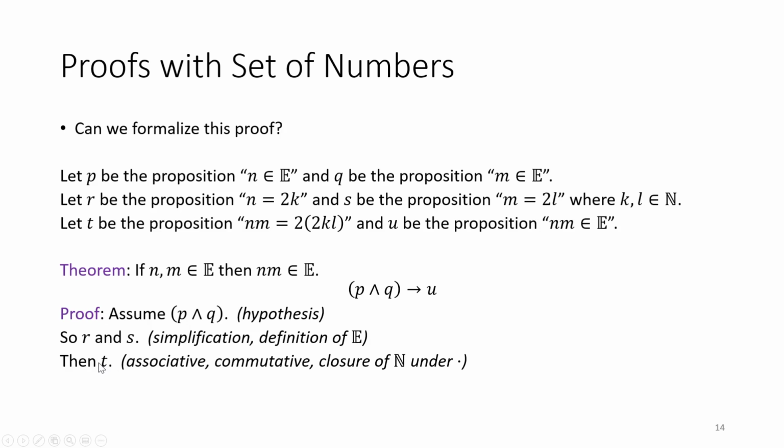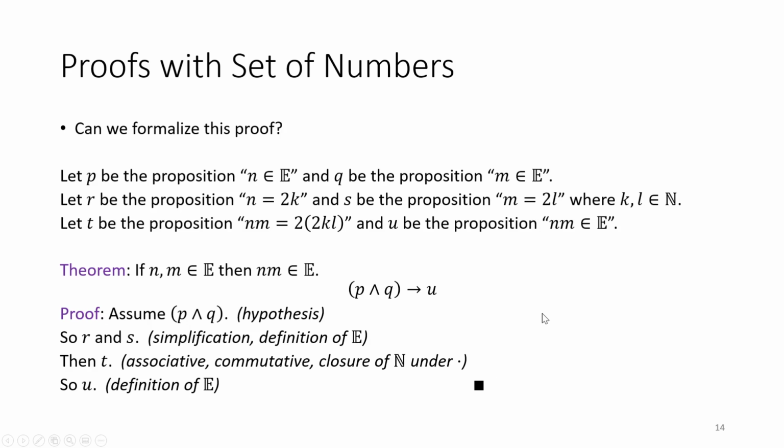That's where we relied on associative, commutative, and the closure of natural numbers. But once we've got to T, that's the definition of even, we can apply it again and get to U. So we're done. Okay. So again, we're formalizing this by trying to encode it into propositions and symbols, and then trying to identify the rules of logic, the rules of inference, that we use on each step.